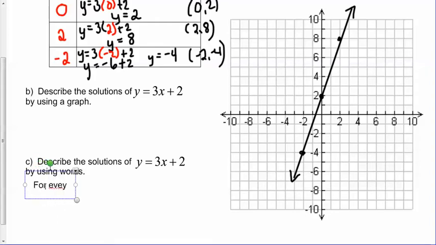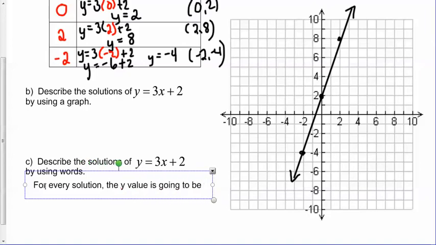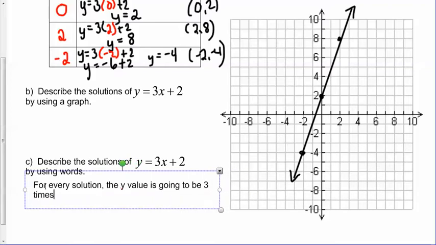So for every solution, the y value is going to be 3 times the x value plus another 2. There's lots of ways we could write this.